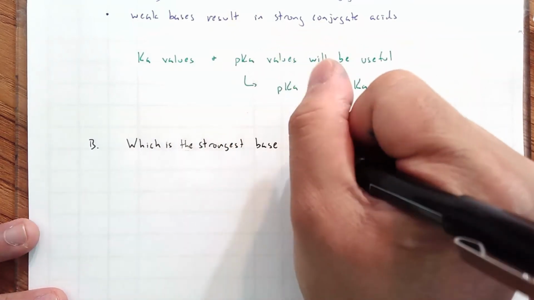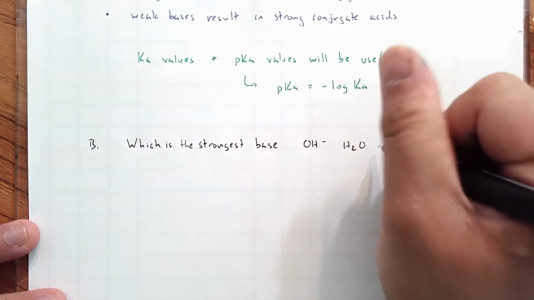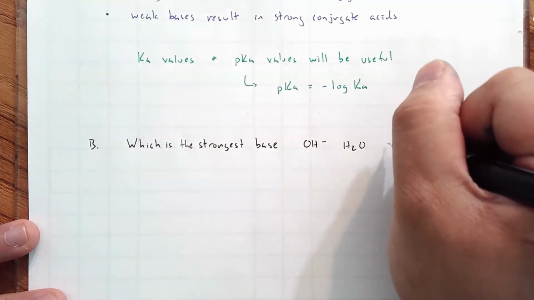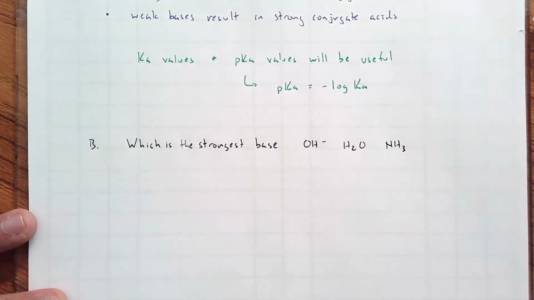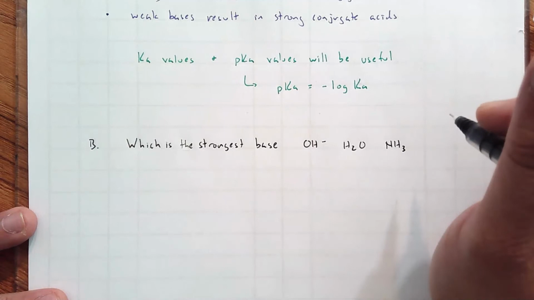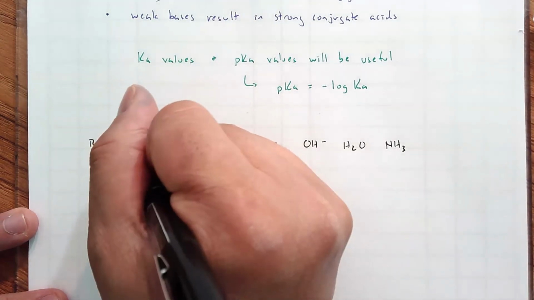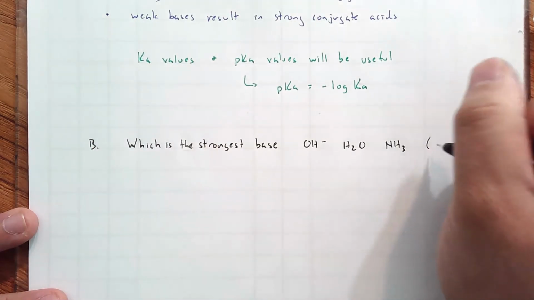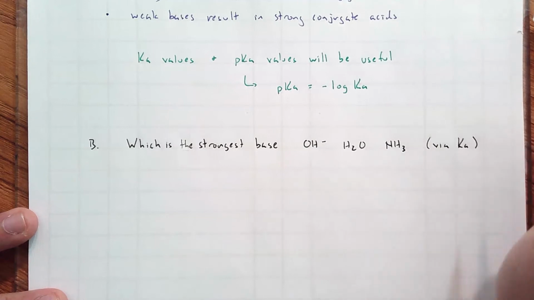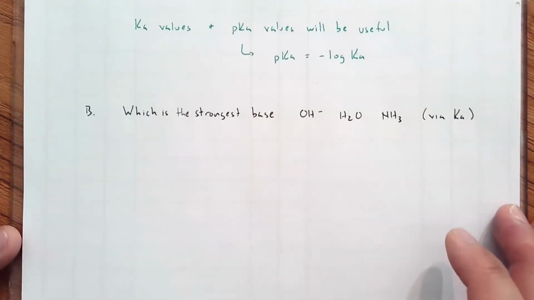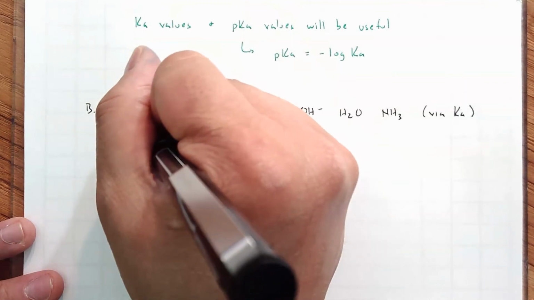Your choices are OH minus, H2O, or NH3. Which is the strongest base? And this is going to be based on Kas. Probably I'm also going to ask which is the weakest.